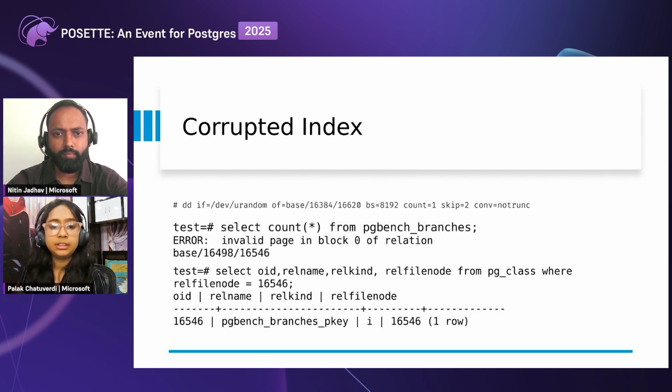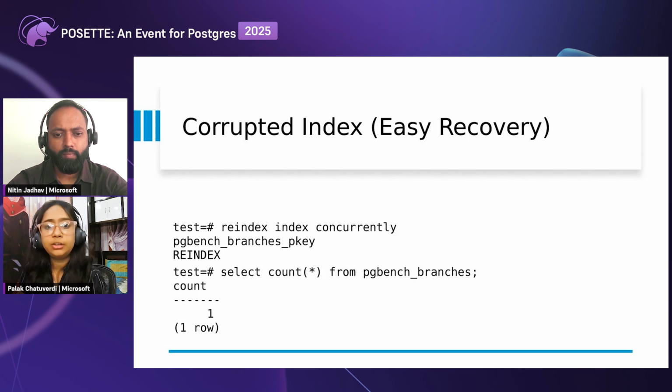That's easy. When the index is corrupted, you can just use the REINDEX command and it would create a new index, drop the previous one, and everything would be corrected. Once the index is done, we can easily access pgbench_branches and our corruption is over.